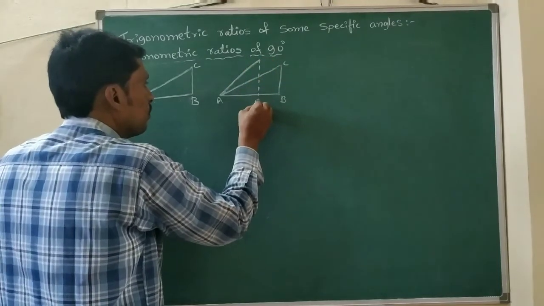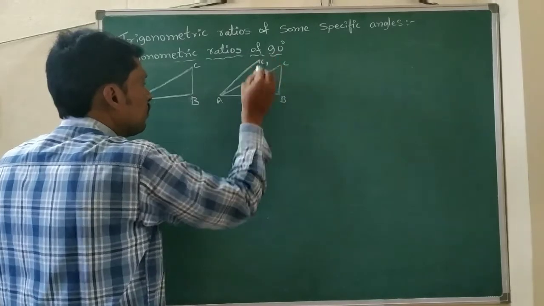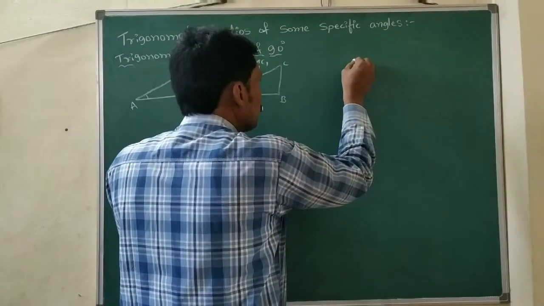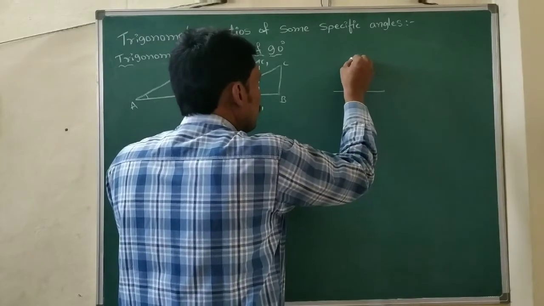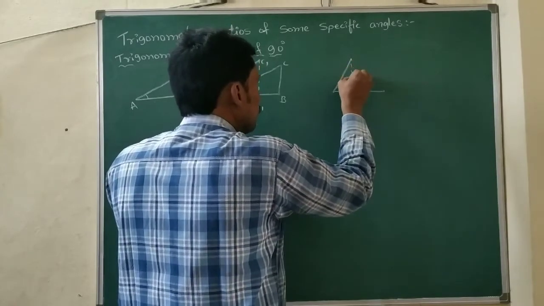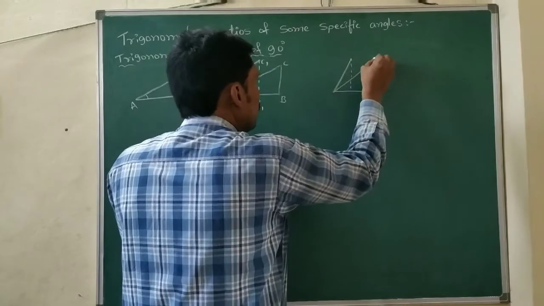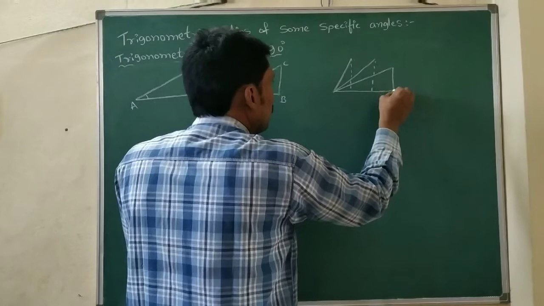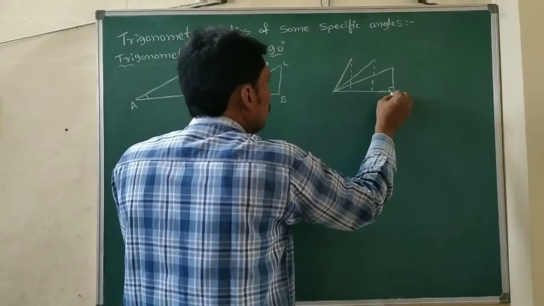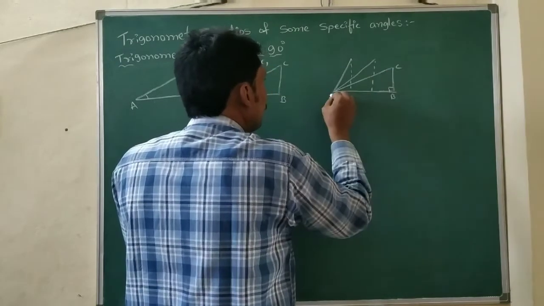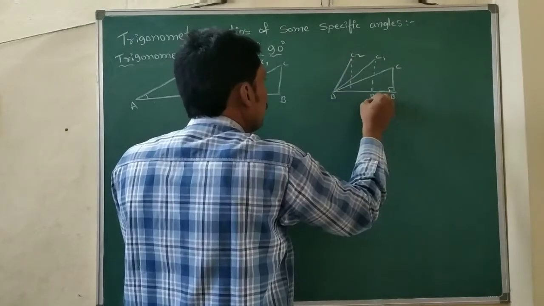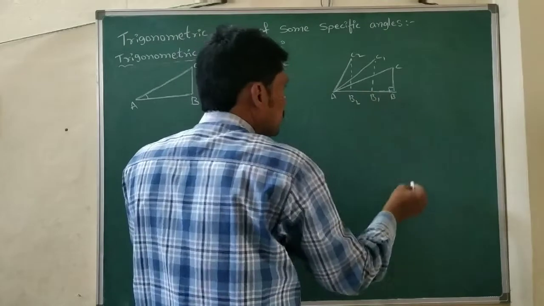So this is B1, this is C1. Again we are taking it, and we get B, C, A. This is C1, C2, B1, B2.